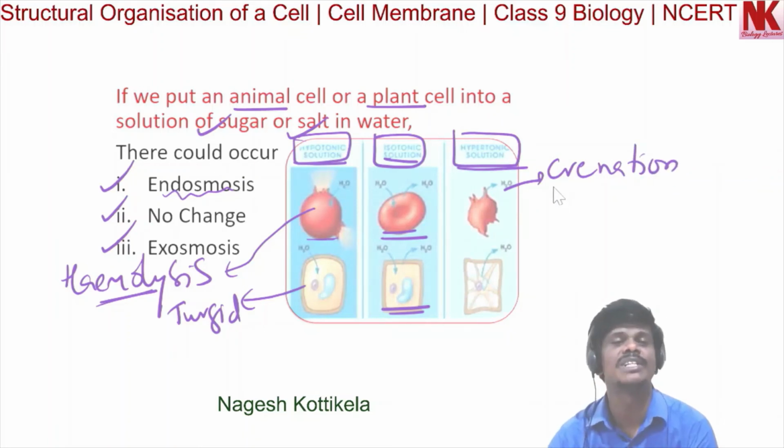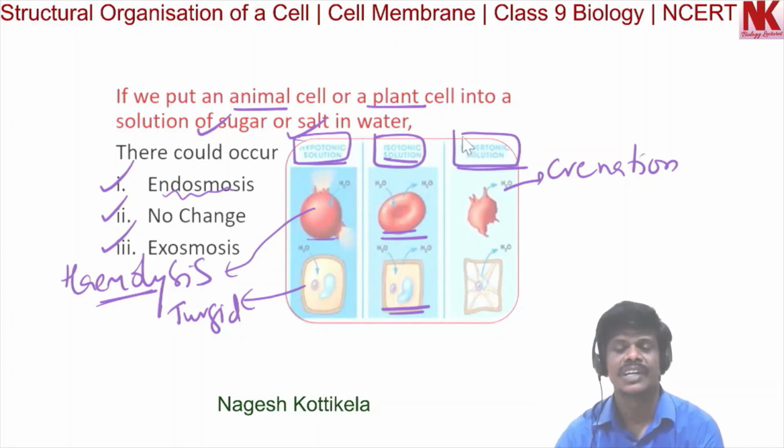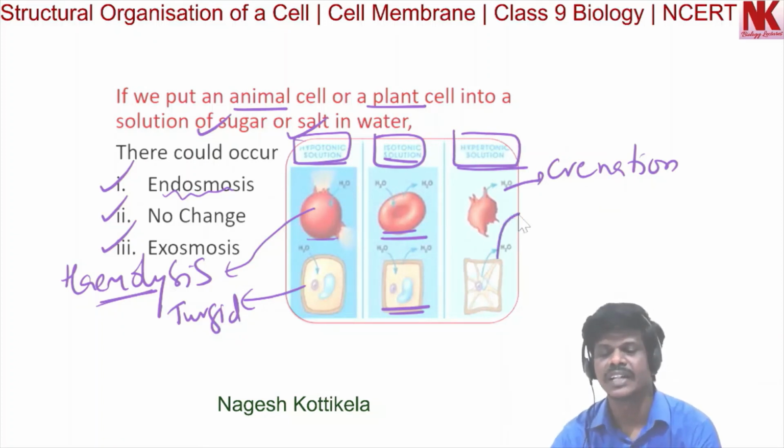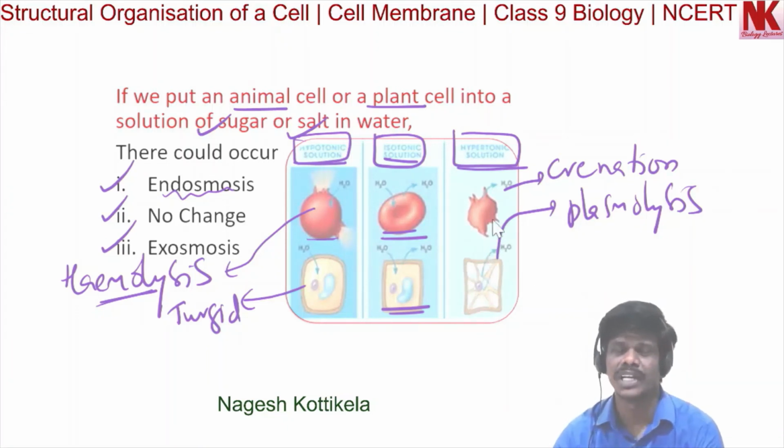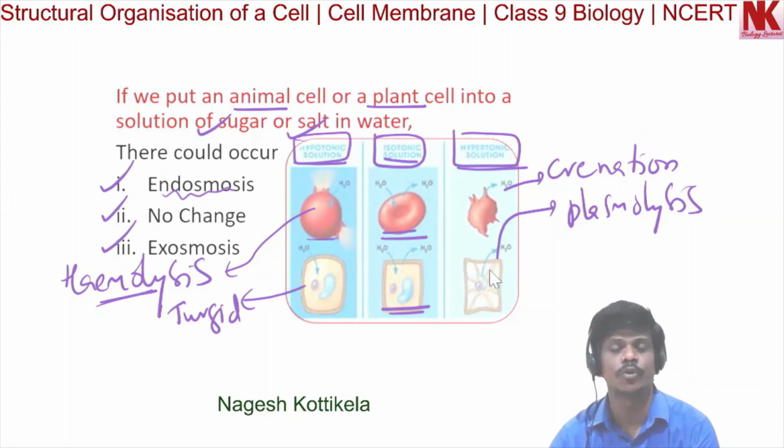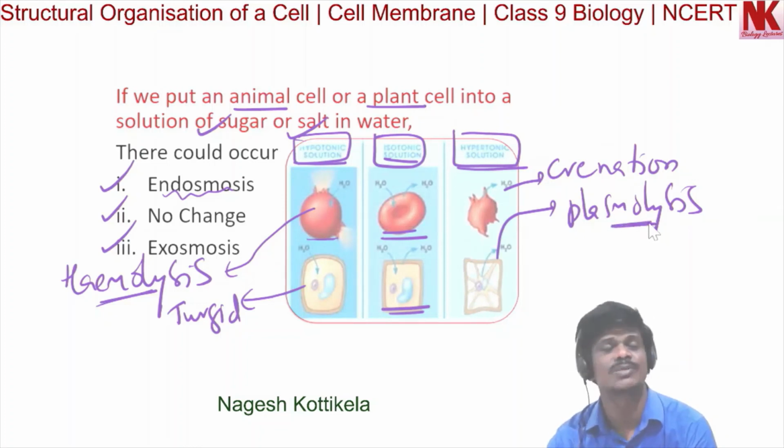Shrinkage of animal cells in hypertonic solution is called crenation. But if a plant cell is kept in hypertonic solution, okay, then it will undergo plasmolysis. Okay, here the cell wall will remain in its original place, but the remaining contents, the protoplasm, will shrink away from the cell wall. That process is called plasmolysis.